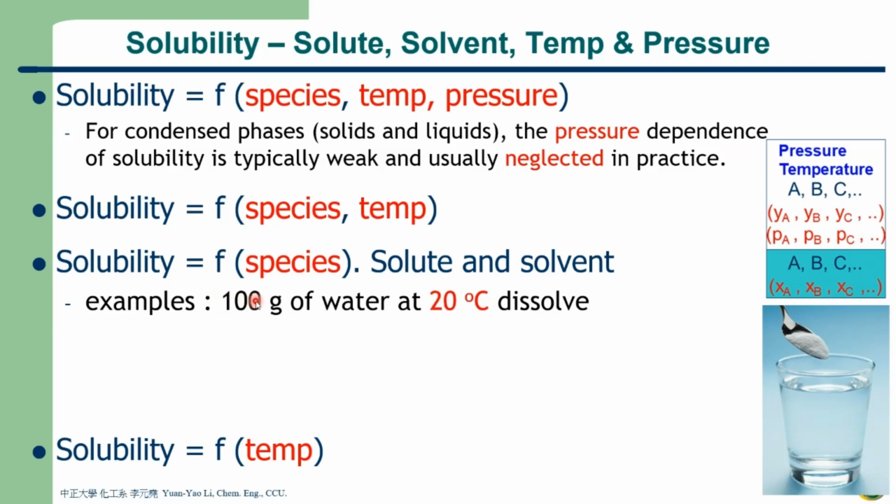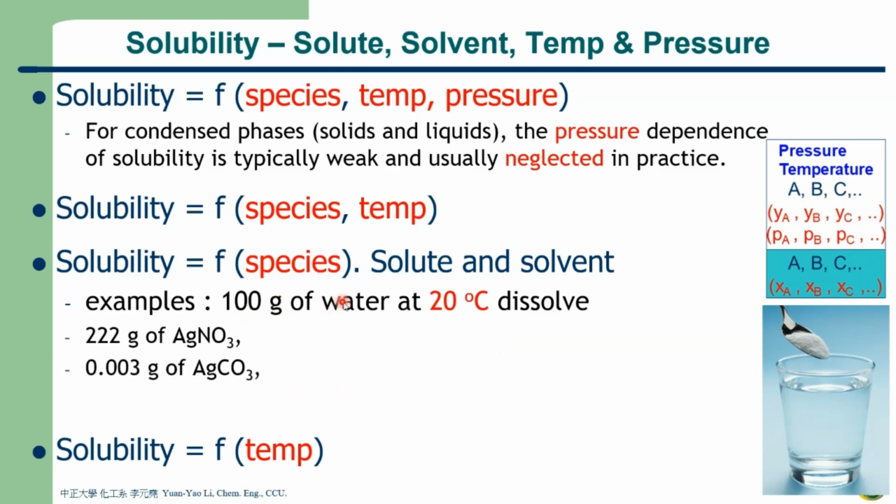For example, 100 grams of water at 20 Celsius, where the temperature is fixed and 100 grams of solvent is fixed, can dissolve 222 grams of silver nitrate. It's very big. 100 grams can dissolve 222 grams.